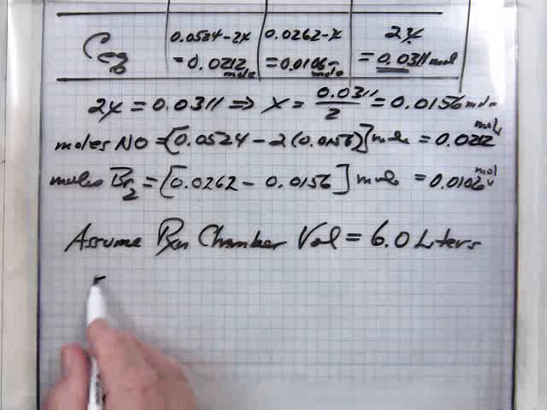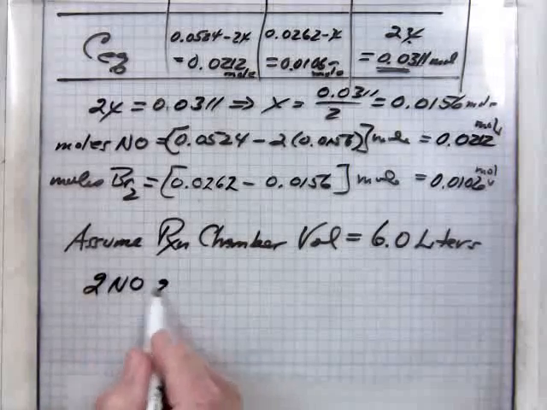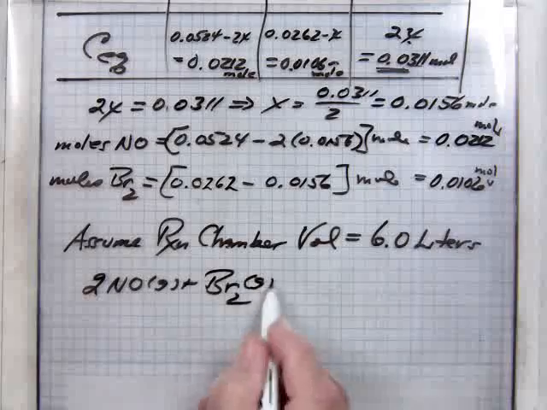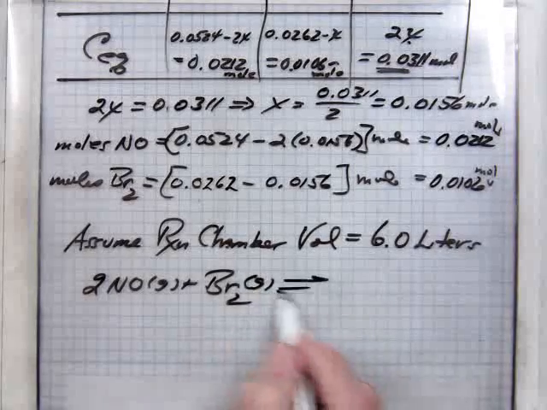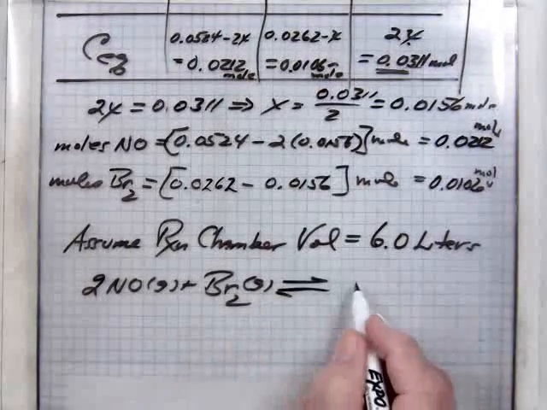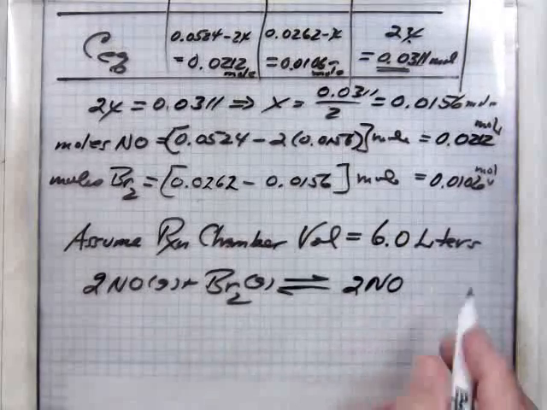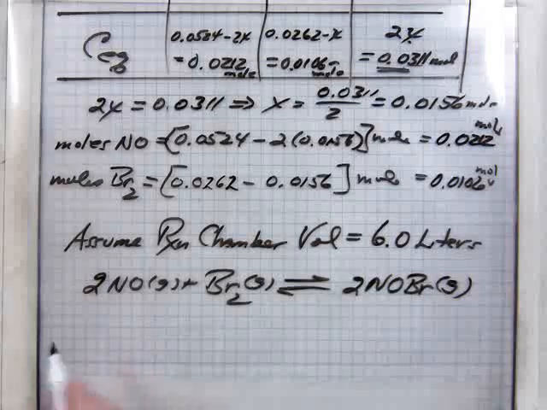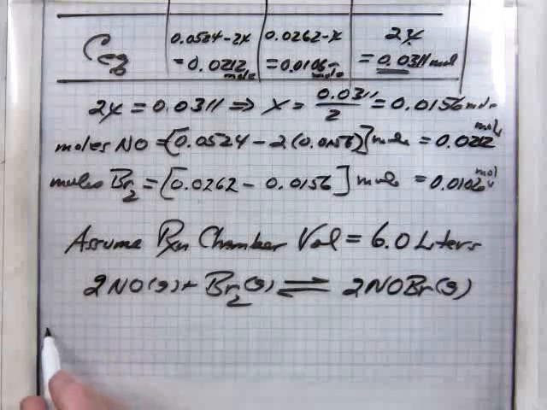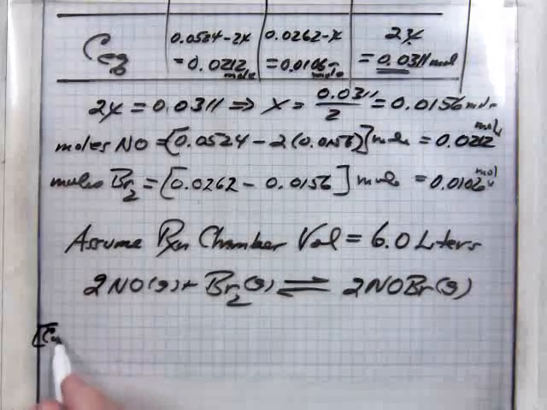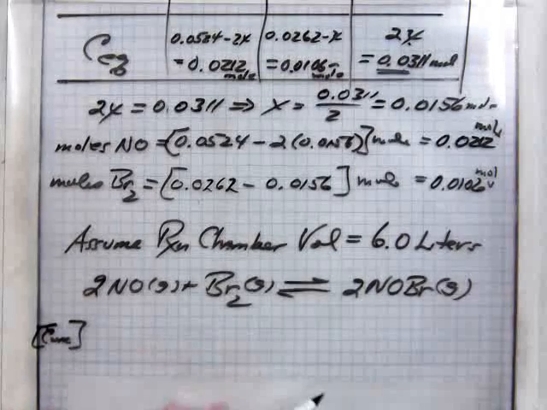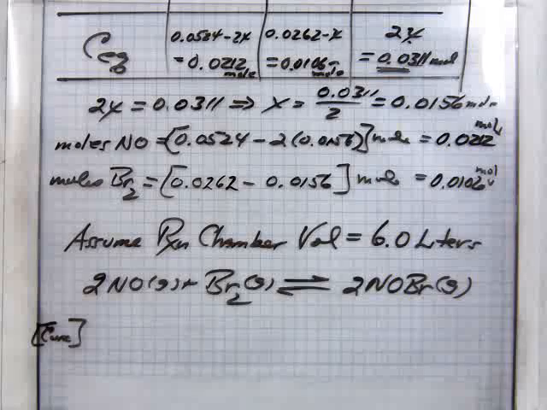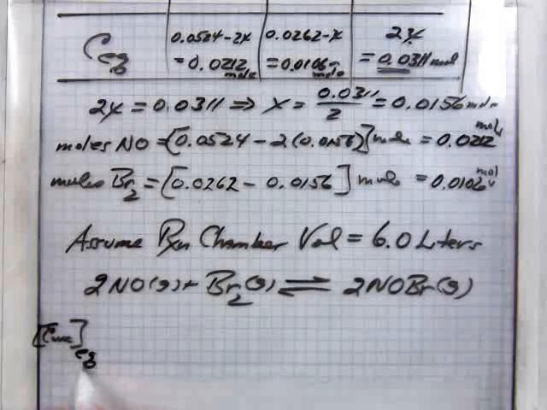So you're given 2NO gas plus bromine gas in equilibrium with nitrosyl bromide, like that. And so the concentrations, the molar concentrations of each one would be the moles divided by, at equilibrium, let me put an EQ down there.